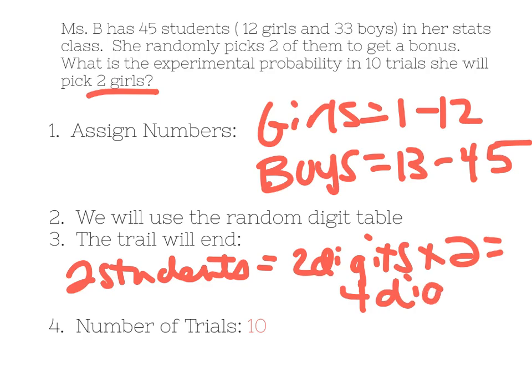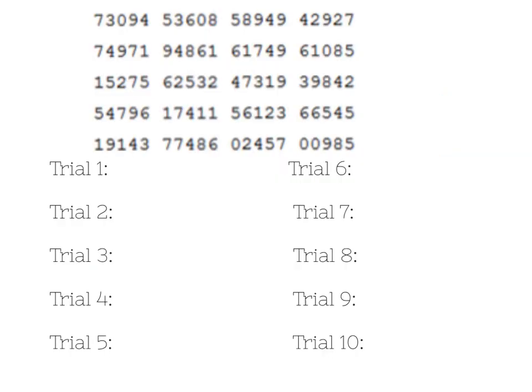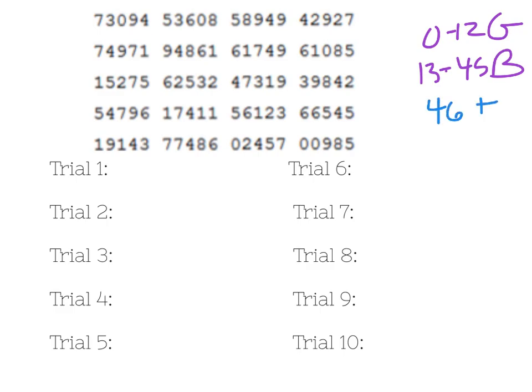So every 4 digits is a set of 2 students. So we're going to do 10 trials. If you remember, 0 to 12 was girls, 13 to 45 is boys, and anything that's 46 and above, we can't use.